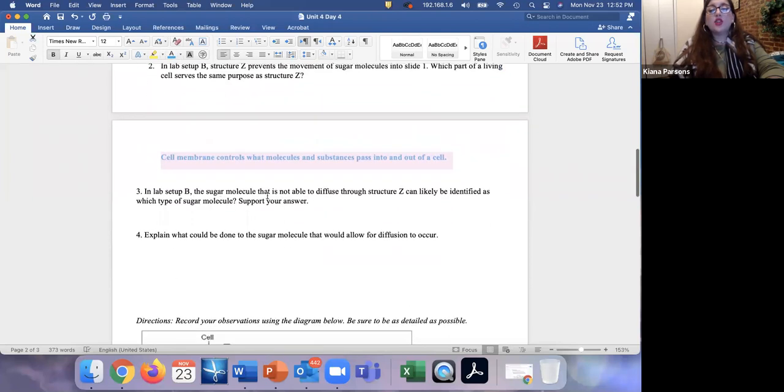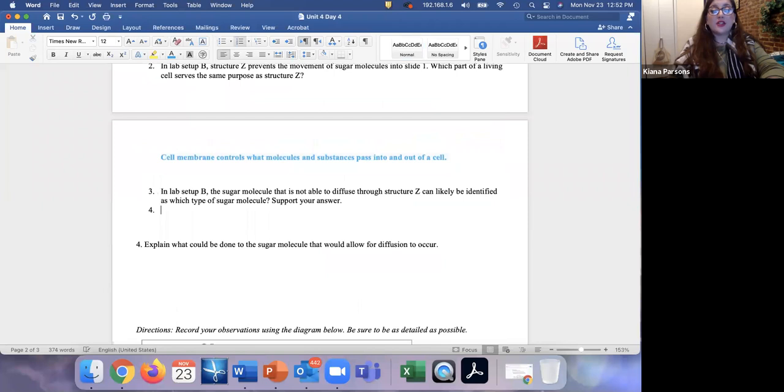In lab setup B, the sugar molecule that is not able to diffuse through structure Z can likely be identified as which type of sugar molecule? Support your answer.